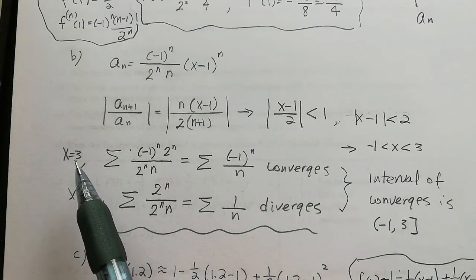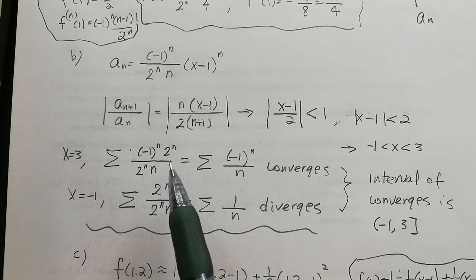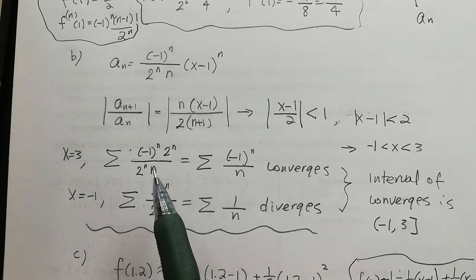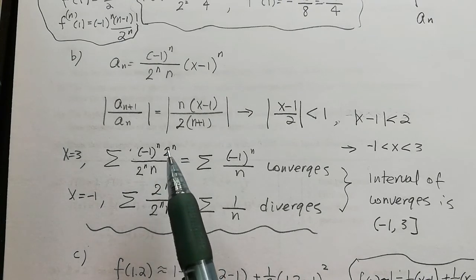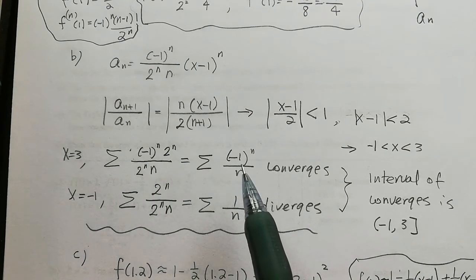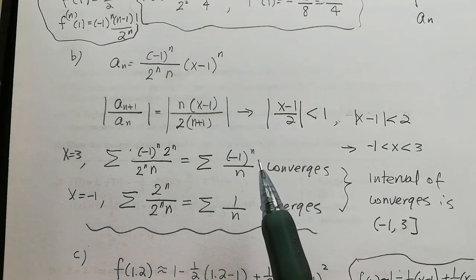So if you let x equal to 3, the series becomes this one. And you cancel the 2 to the nth power, top and bottom, you will get something like this, which is the alternating harmonic series, decreasing, and the nth term goes to 0.